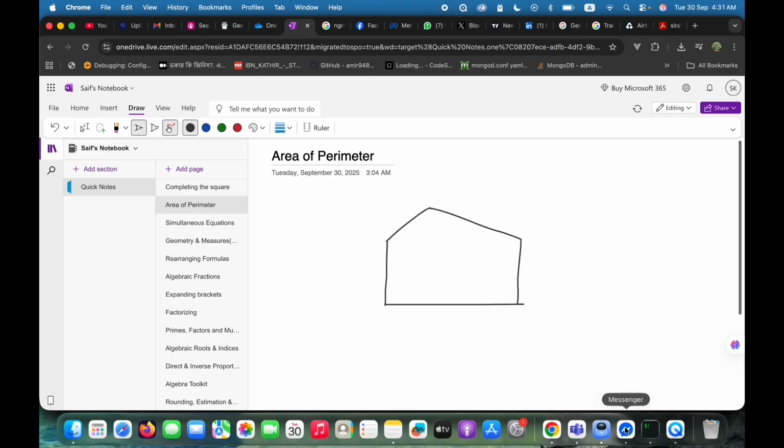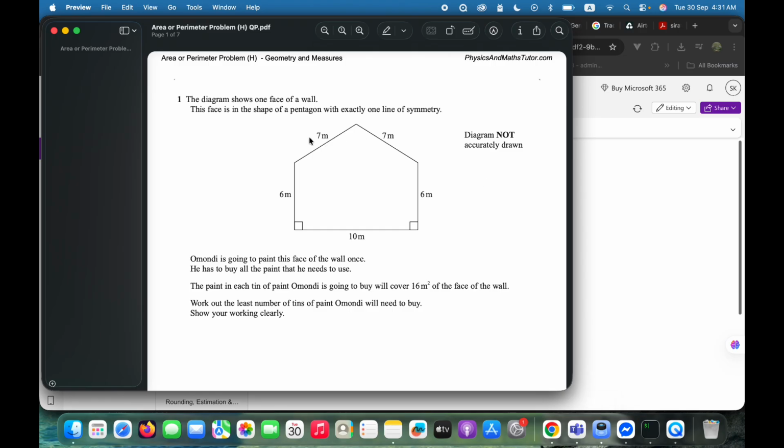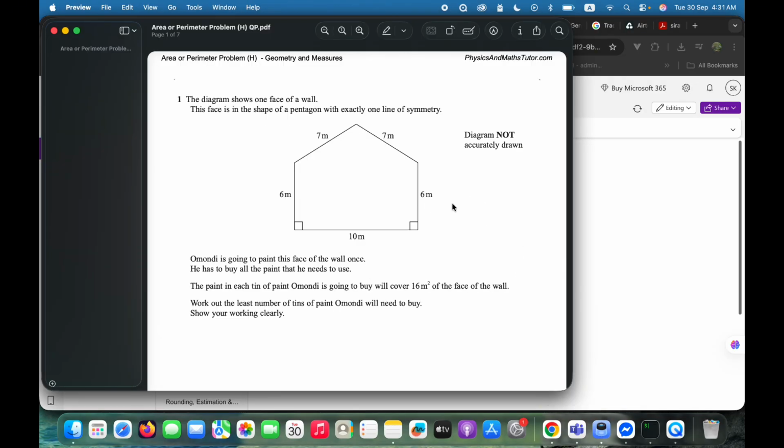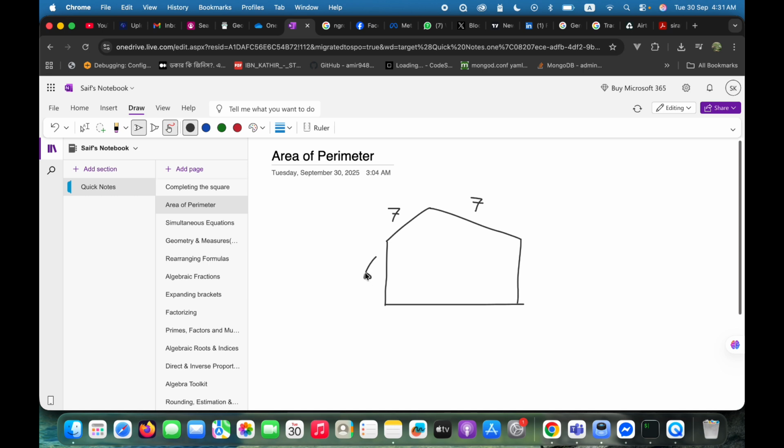Let's give the edge values: this is 7 meters, this is 7 meters, and this is 6 meters, 6 meters and 10 meters. My drawing is not perfect, so let's just connect this one. This is the same as this edge, so this is 10.